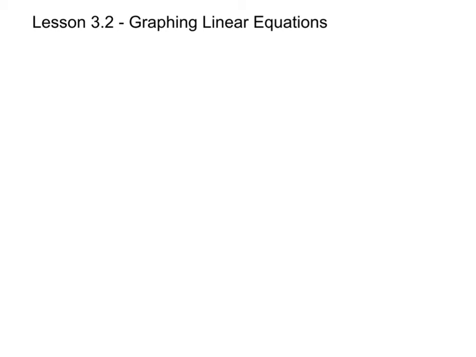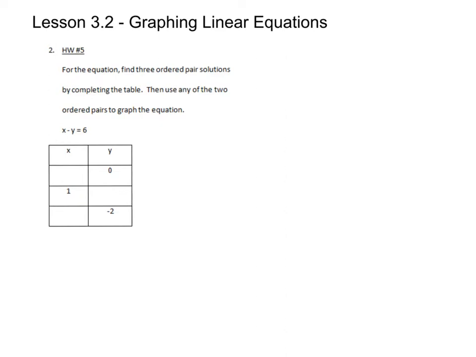And so at this point, you should be on homework problem number 5. And so let's go ahead and do an example that should help you with homework problem number 5. So in your guided notes on example number 2, this goes right along with homework problem number 5. And what we're going to do is it gives us an equation. Our equation is right here.